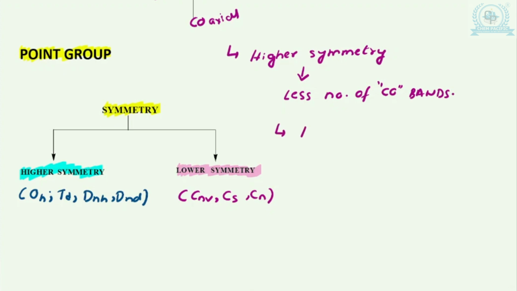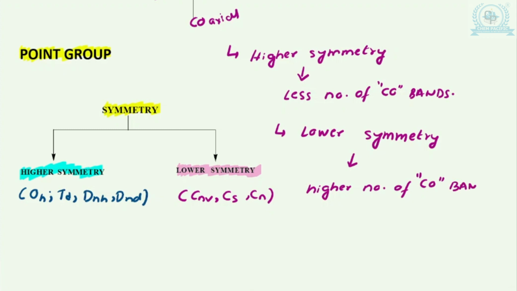Similarly, if your symmetry is lower, this results in a higher number of bands. So keep this in your mind. If the complex has lower symmetry, then it has a higher number of bands.